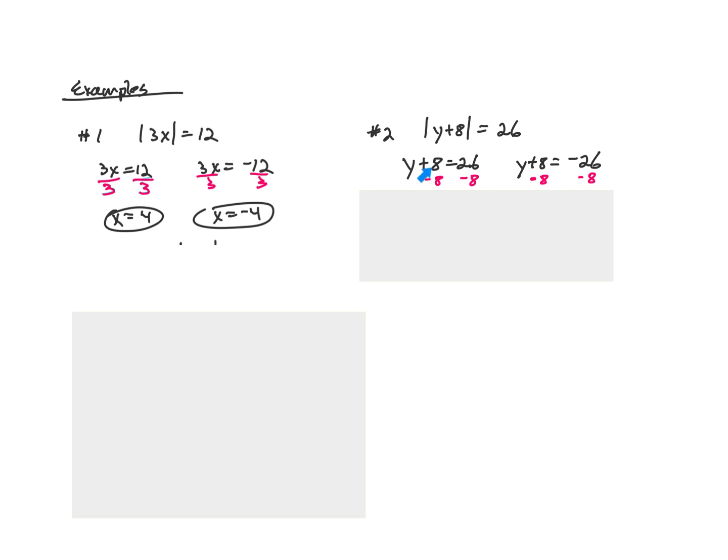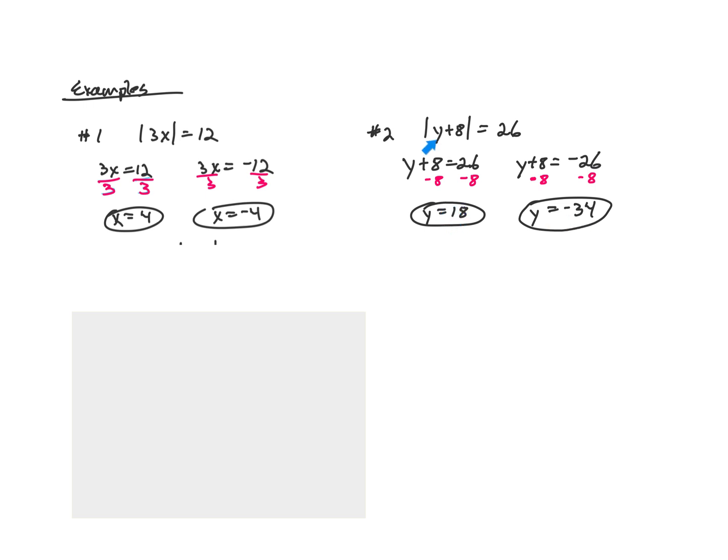So let's just start with this one. If we subtract 8 from 26, 26 minus 8 is 18. So one of our solutions is 18. But over here, when we subtract 8 from negative 26, we get negative 34. So we have two completely different answers that really are the solutions.